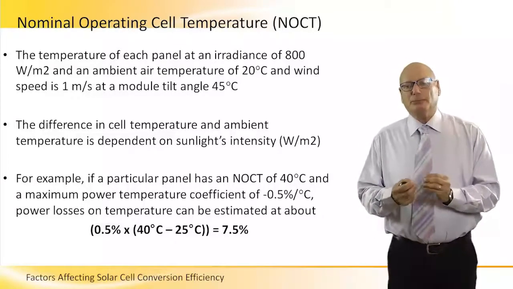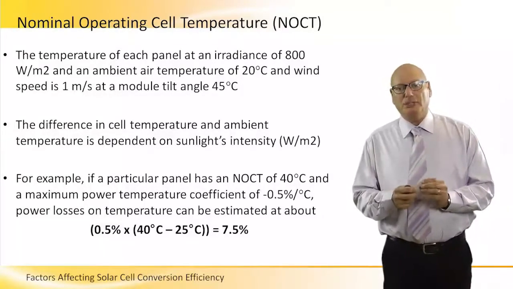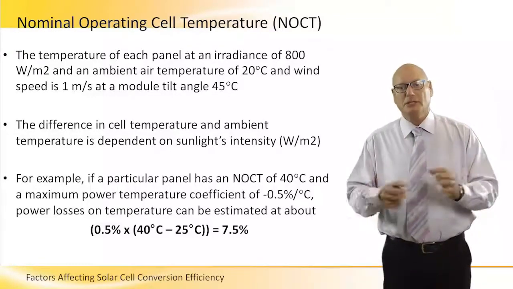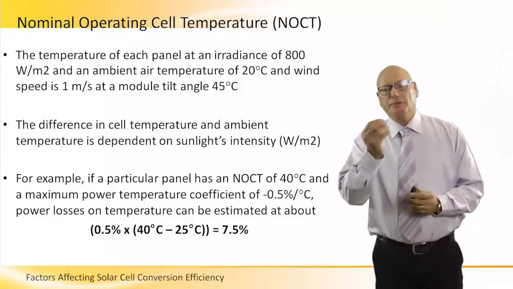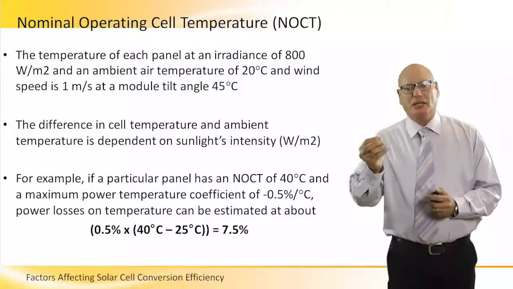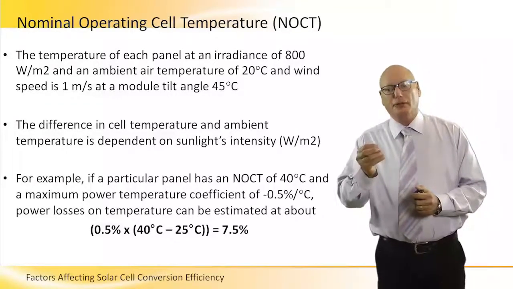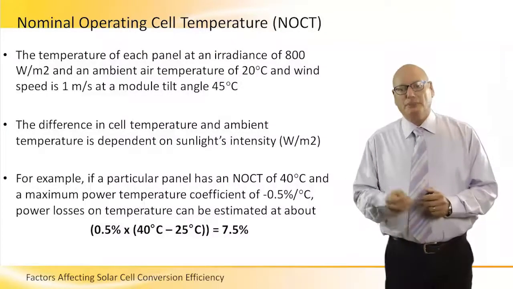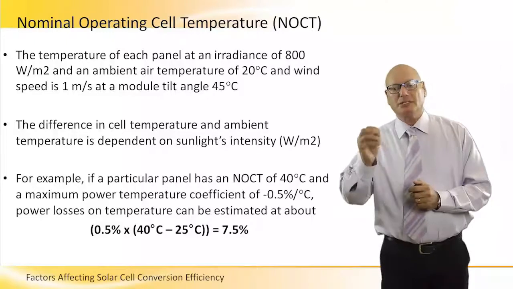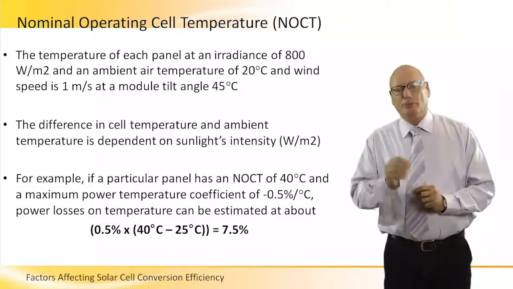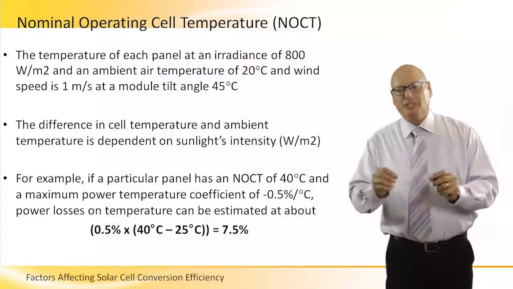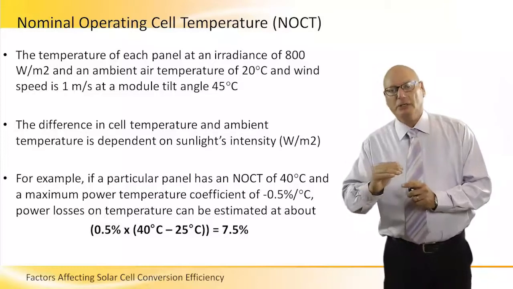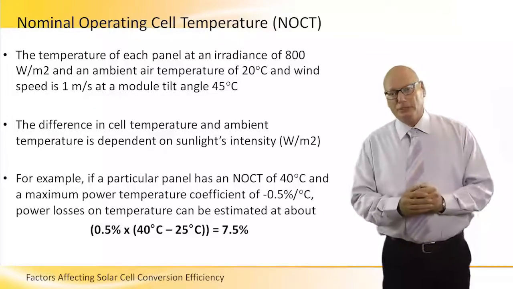The difference in cell temperature and ambient temperature is dependent on sunlight intensity, the watts per square meter. Let's take an example. If a particular panel has a NOCT of 40 degrees C and a maximum power temperature coefficient of minus 0.5 degrees per degree centigrade, the power losses on temperature can be estimated as, this is the formula, 0.5% times the difference between the 25 degrees, which are the reference, and the actual temperature.